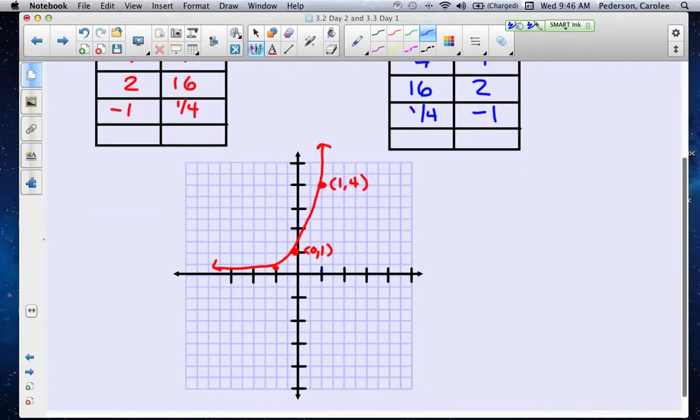So my critical point is now an x-intercept. The next point I'll graph is, instead of being 1, 4, it's going to be 4, 1. And then 16, 2 is off my graph. So now let's just do 1/4. So very, very close to that vertical axis, and then down 1.